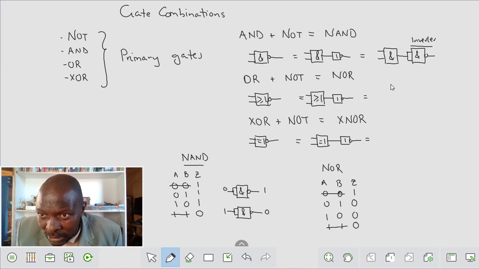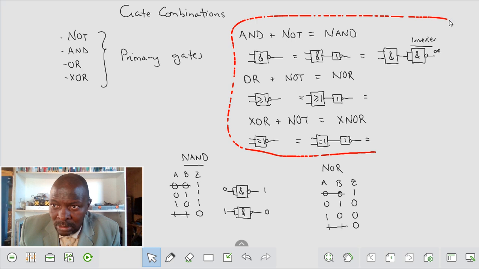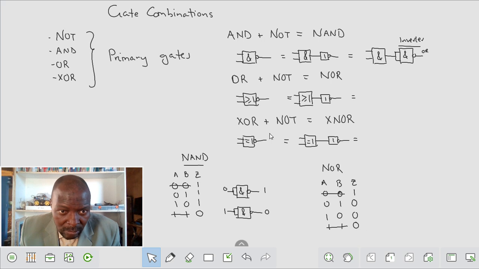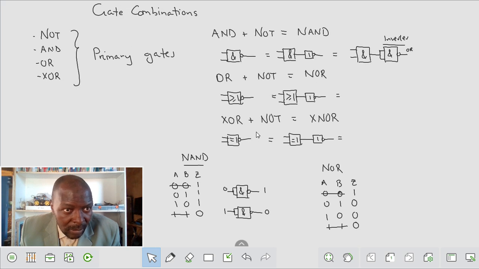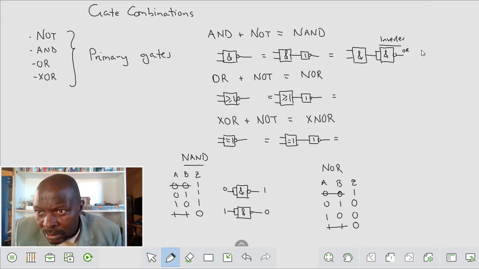So this could have been that, or it could have been an AND. Let me rather do this again. Or I could say, here's my AND gate, but the other, I could invert that.